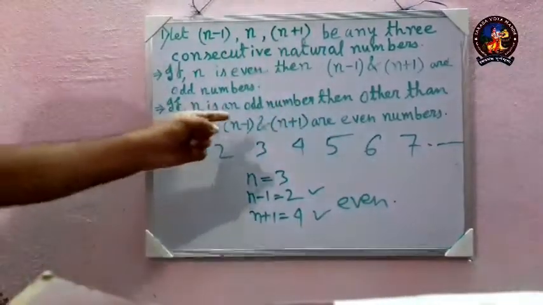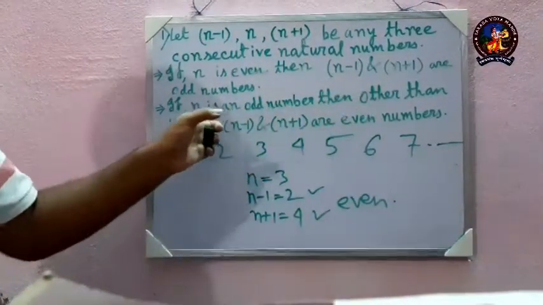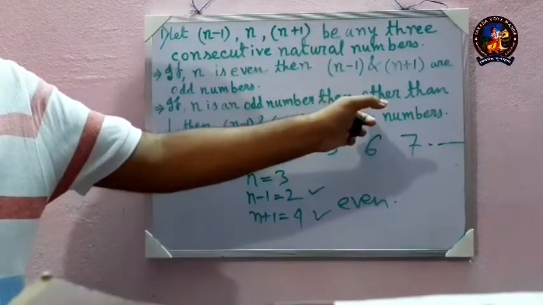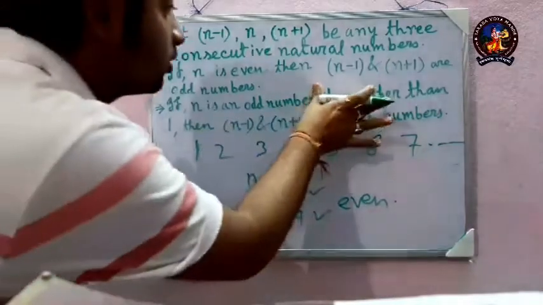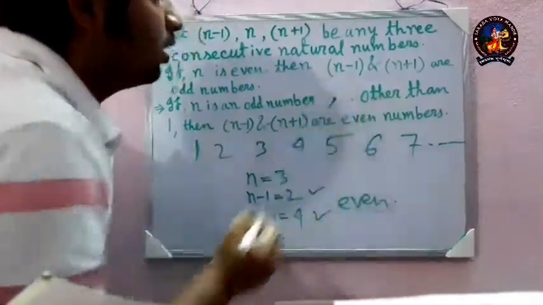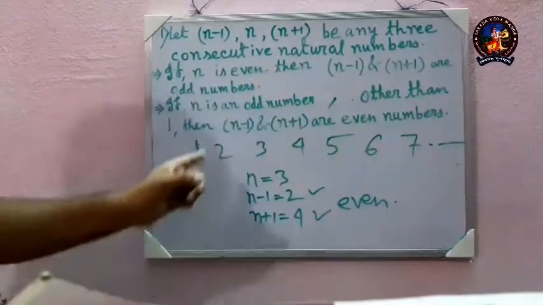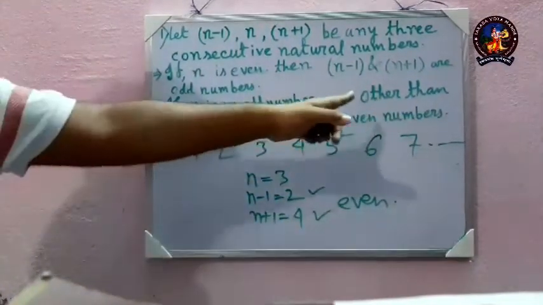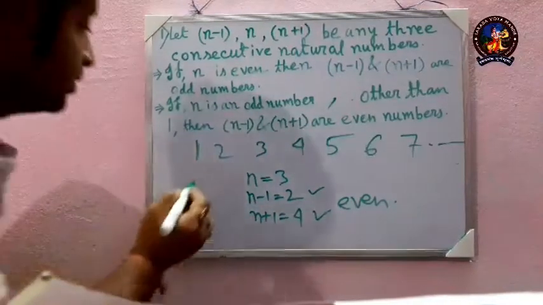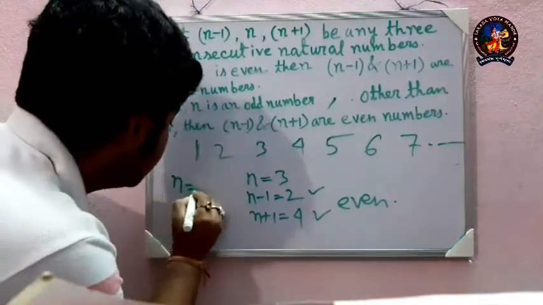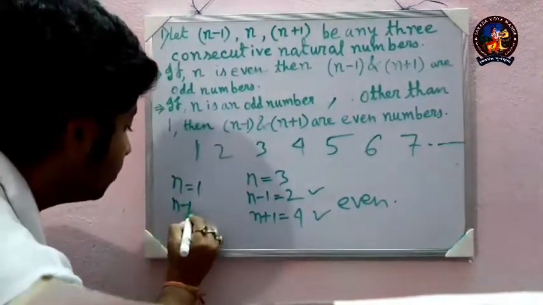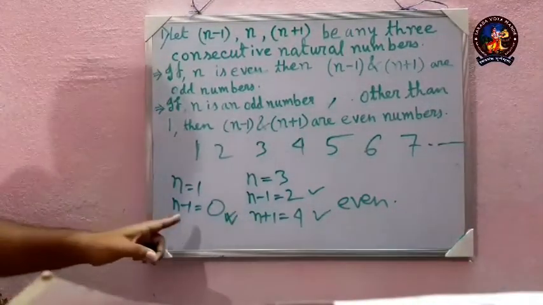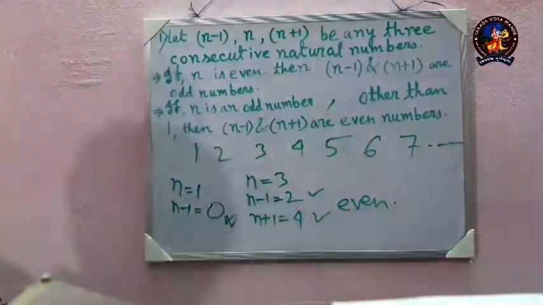Sorry, n must be an odd number other than 1, then n minus 1 and n plus 1 will be even numbers. Why have I mentioned other than 1? Because if I take n equals 1, then n minus 1 becomes 0, but 0 is not a natural number, right? So we cannot consider n equals 1.